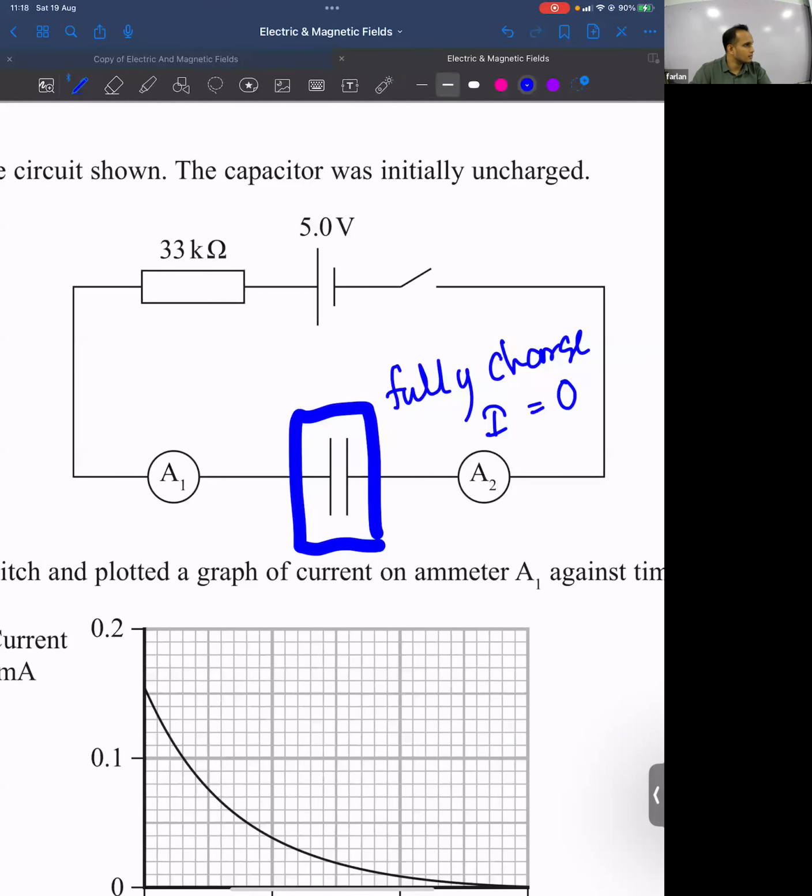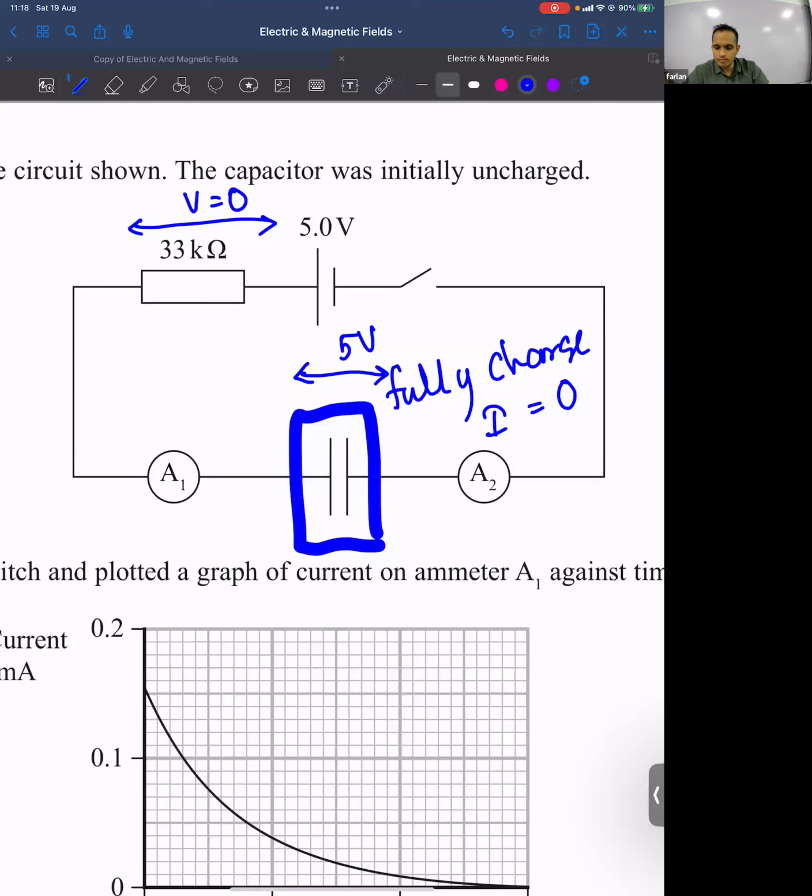There's no current, so the voltage across the resistor will be 0. Voltage across the resistor being 0 means the voltage across the capacitor will be 5 volts. So when the capacitor is fully charged, the entire 5 volts is across the capacitor. Is that clear?